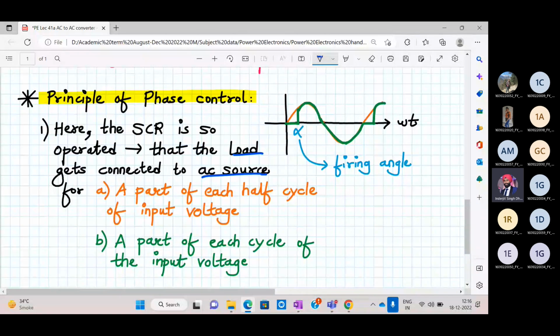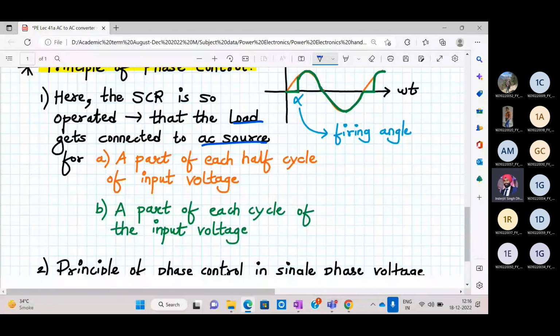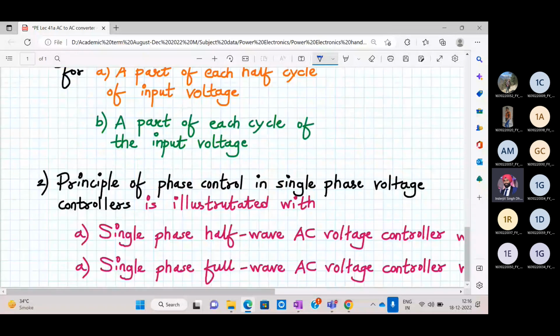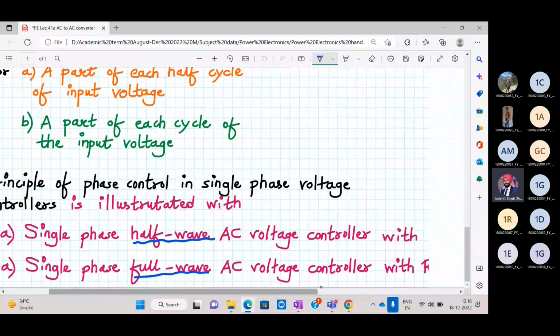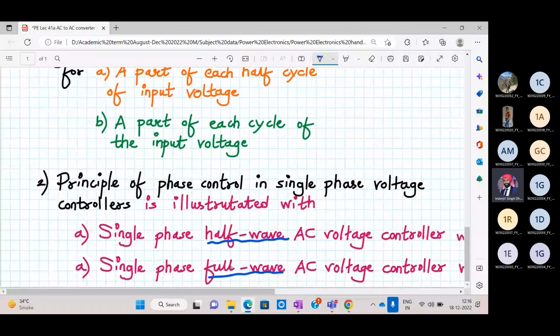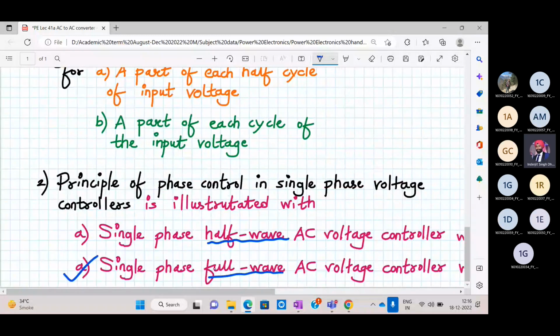In the principle of phase control, we will be studying two types of AC voltage controller: half wave and full wave AC voltage controller with R and RL load. Actually, in your syllabus only single phase full wave AC voltage controller is mentioned. Half wave is not mentioned. But without half wave, full wave is a little difficult to understand. It's necessary that we discuss half wave also.